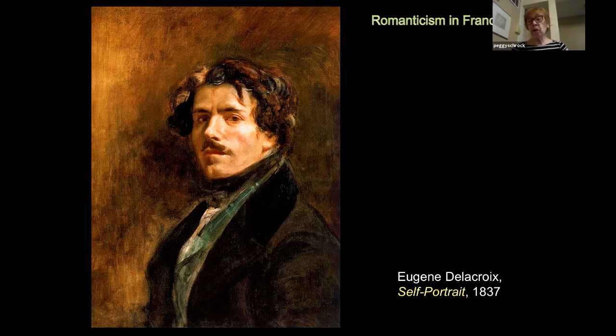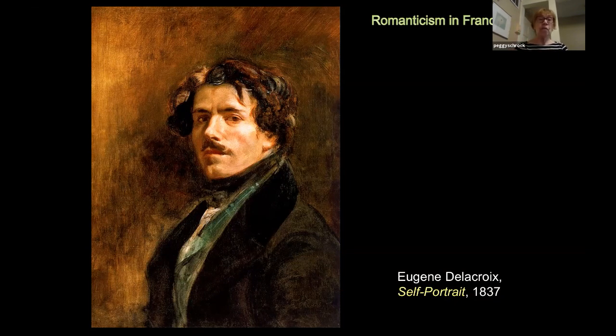They wouldn't accept it for a long time, but it eventually was accepted, particularly by 1830, as soon as Louis Philippe is in power, and it's the middle class that put him there. The Academy had to acknowledge the power of the middle class and started accepting romantic art into the Academy. And the most famous of all of the French romanticists is Delacroix, Eugène Delacroix.